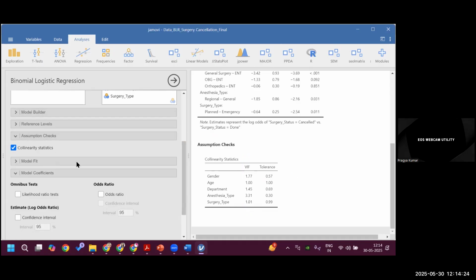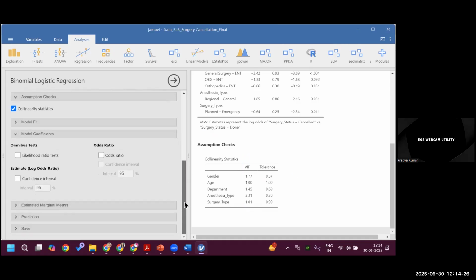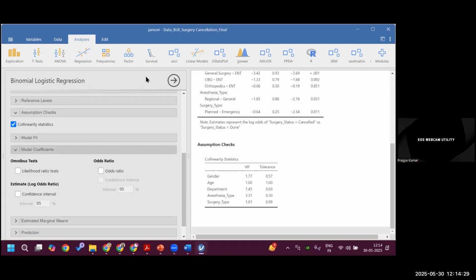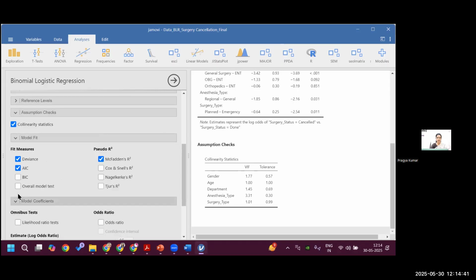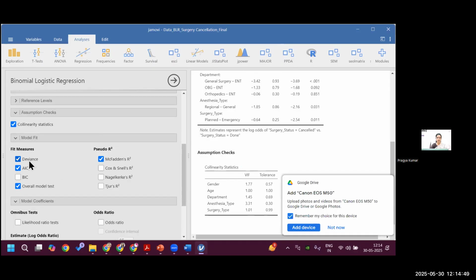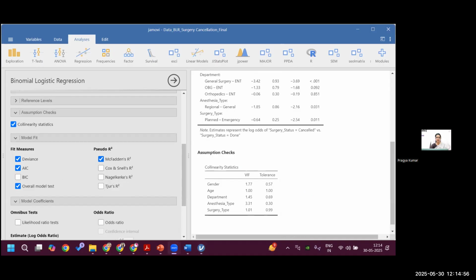Regarding the model fit statistics, there's an overall model test, and this is there by default. There are basically 4 types of pseudo R-square you see here, but most commonly we report McFadden R-square.